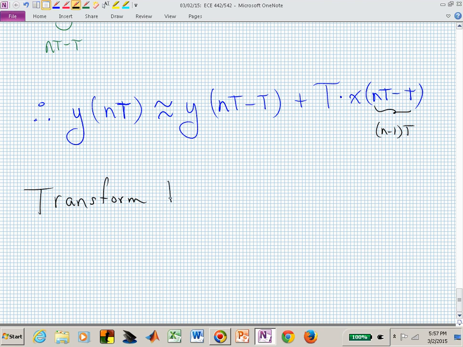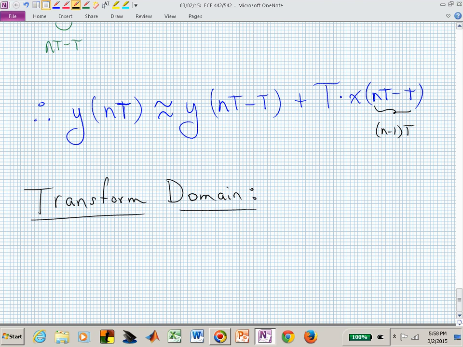Let's transform that equation. Let's obtain a frequency domain representation or description of that equation. If we now z transform, since we have a discrete or a difference equation, we can now z transform. What's the z transform of y of little n capital T? We don't need to know what little y of nT actually is. We're doing this basically symbolically, or with just variables.